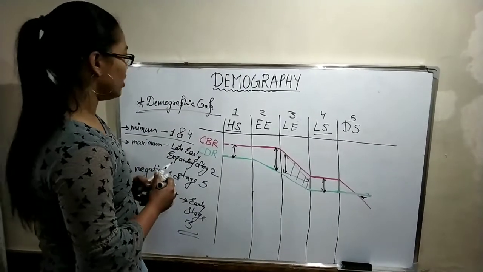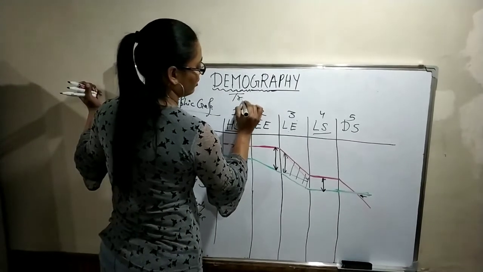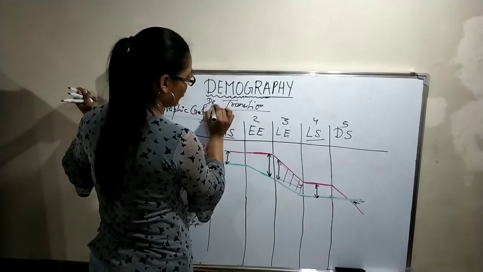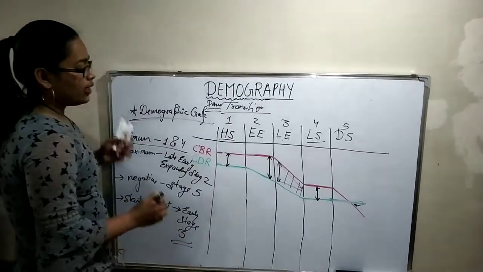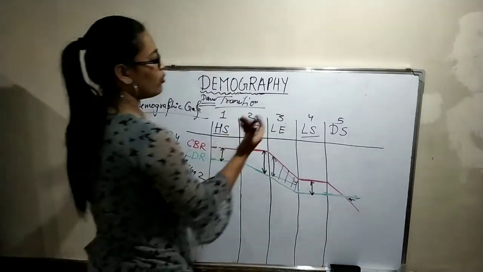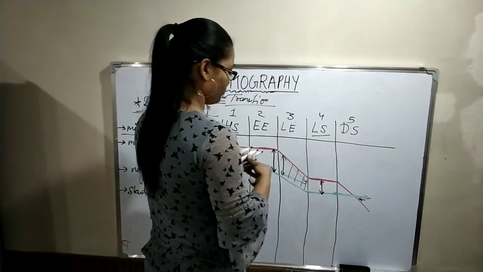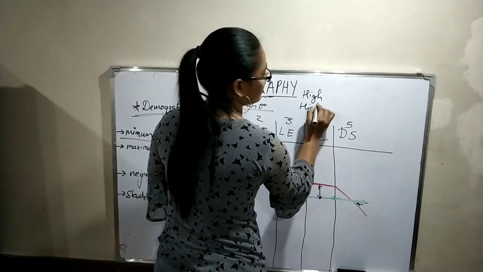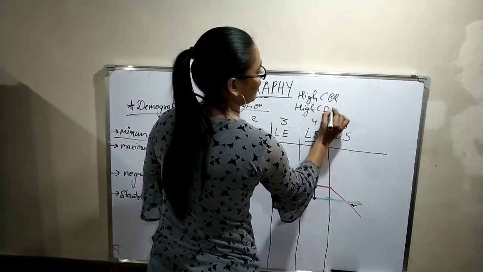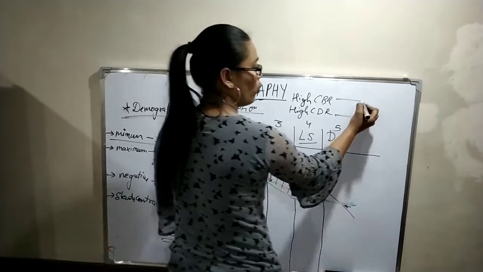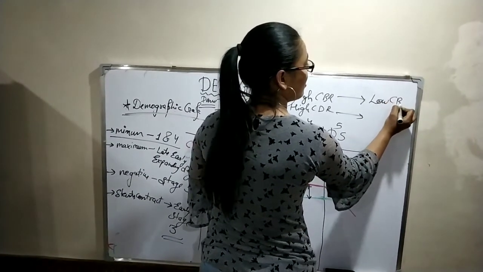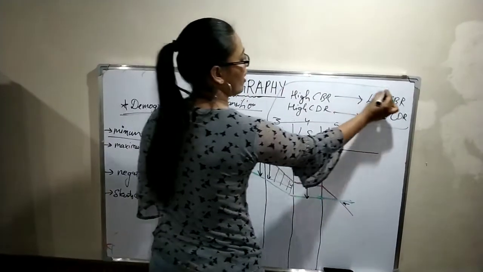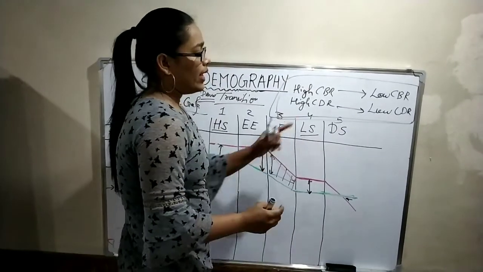If we talk about transition, that is demographic transition. What is demographic transition? Demographic transition is when the country is at high stationary stage of CBR and CDR and it becomes low CBR and low CDR. Why does it happen so?